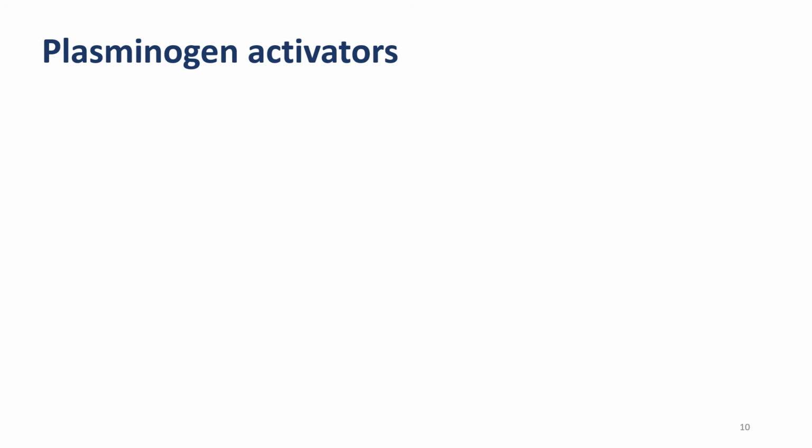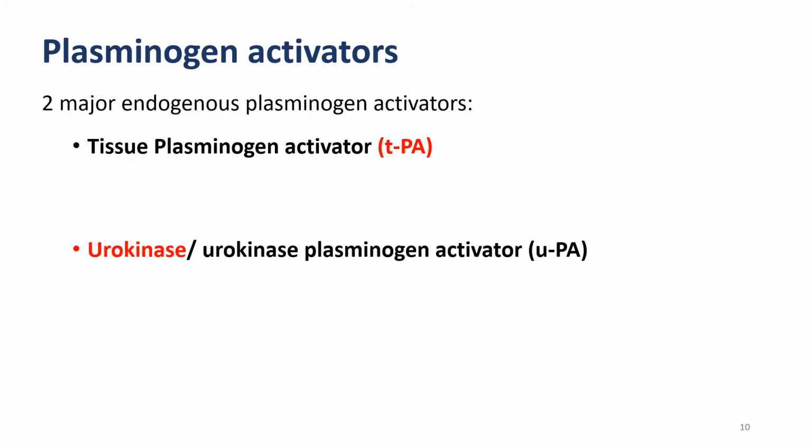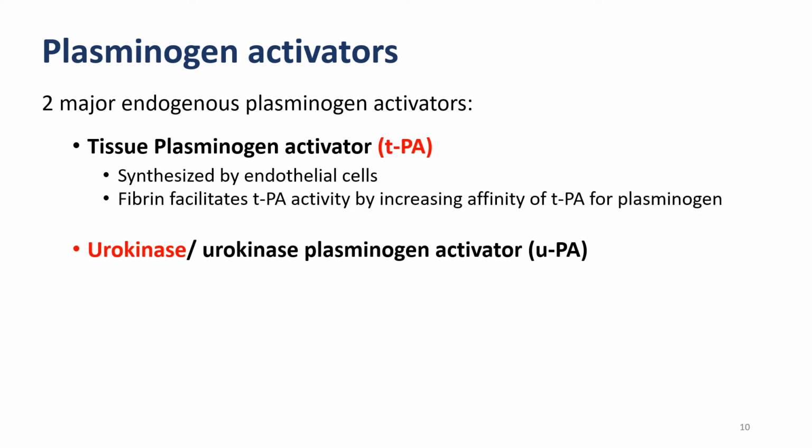Then about plasminogen activators. There are two major plasminogen activators: tissue plasminogen activator, TPA, and urokinase, which is also called urokinase plasminogen activator. TPA is synthesized by endothelial cells, and fibrin facilitates TPA activity by increasing the affinity of TPA for plasminogen.